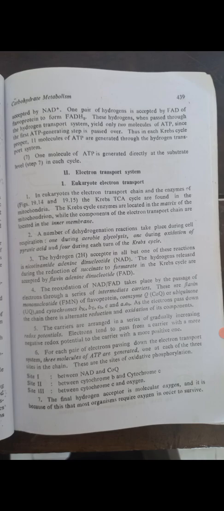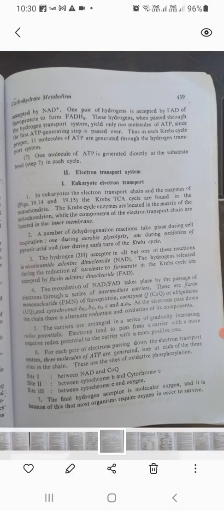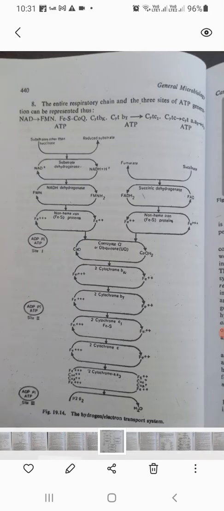The final hydrogen acceptor is molecular oxygen, and it is because of this that most organisms require oxygen in order to survive, as RETC produces ATP molecules with the acceptance of hydrogen ions released during the Krebs cycle or respiratory electron transport system.